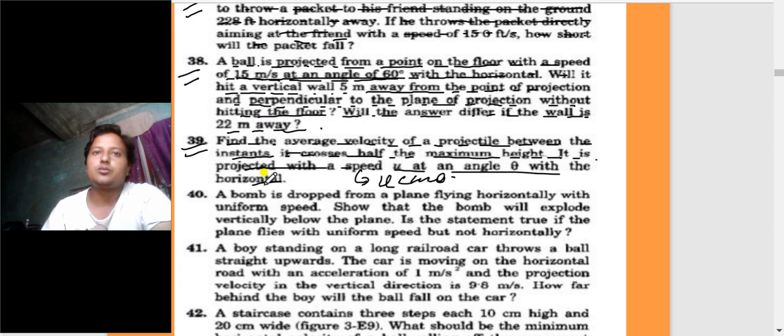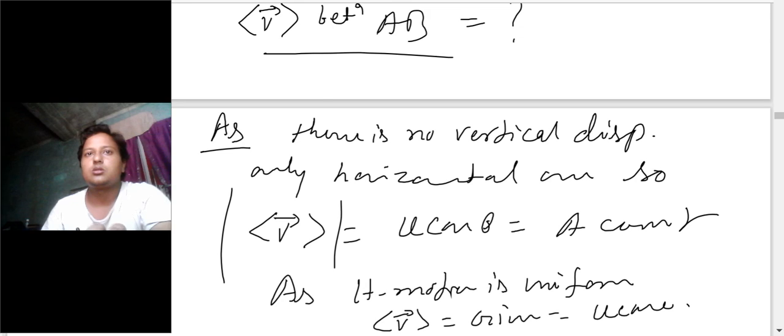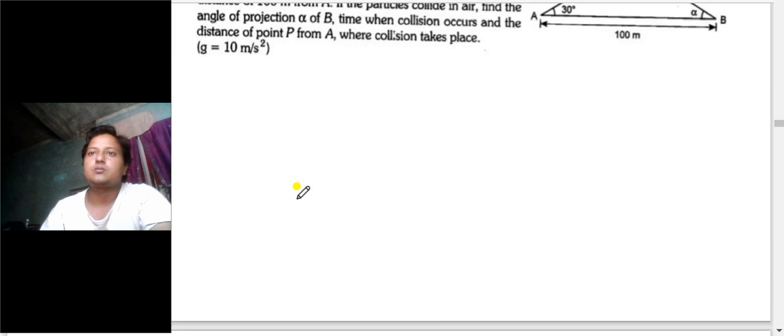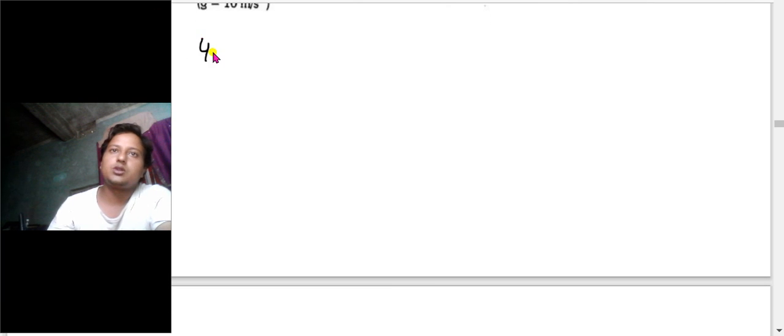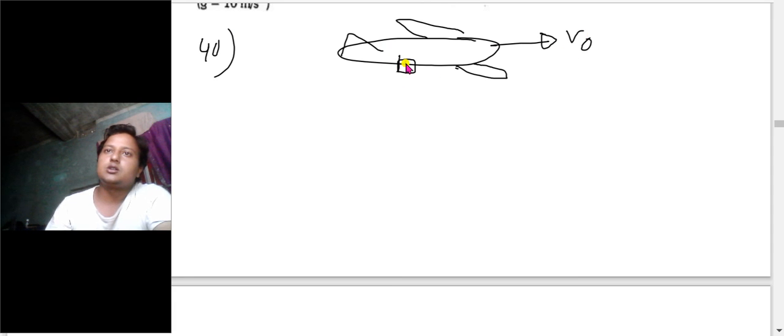Now in question number 40. A bomb is dropped from a plane, so that the bomb will explode vertically below the plane. Is the statement true if the plane flies with uniform speed but not horizontally? Question 40 is, there is a plane moving with a speed v0 and it just releases a packet.